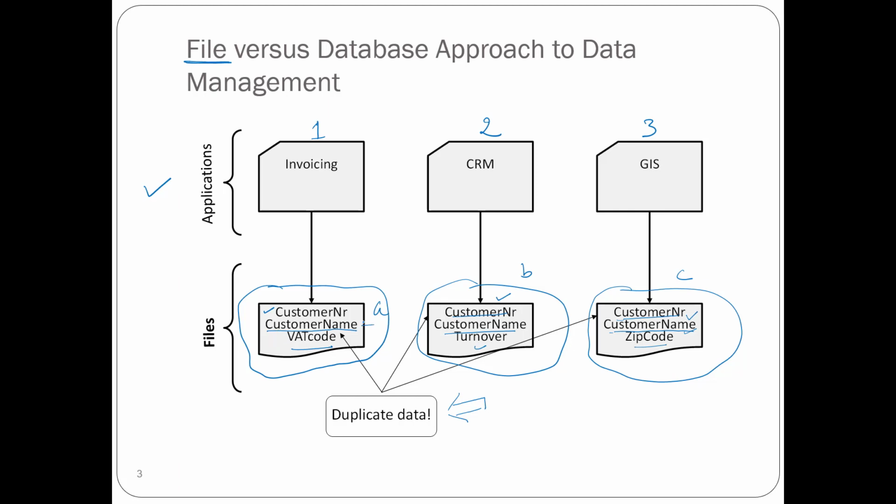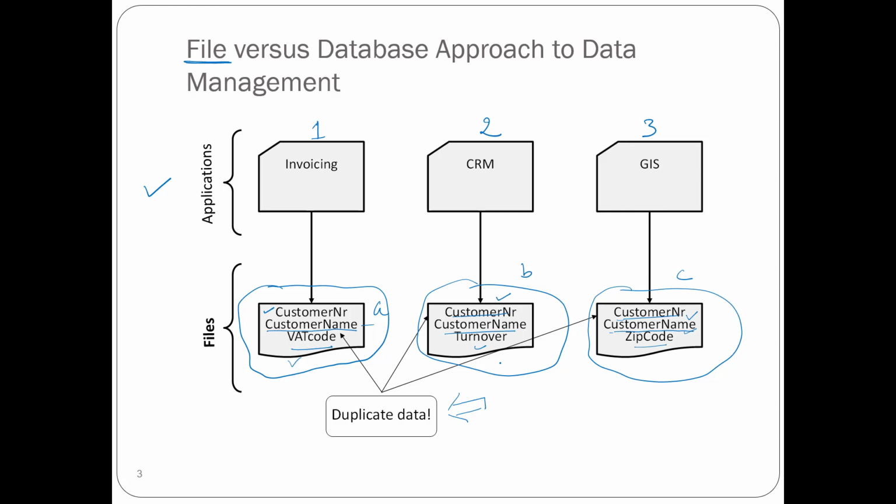Say there was some issue with the customer name and we want to change that in one file only, whereas the other two files will have the previous information. So when we have duplicate information, there are chances of inconsistency. So that is one disadvantage.